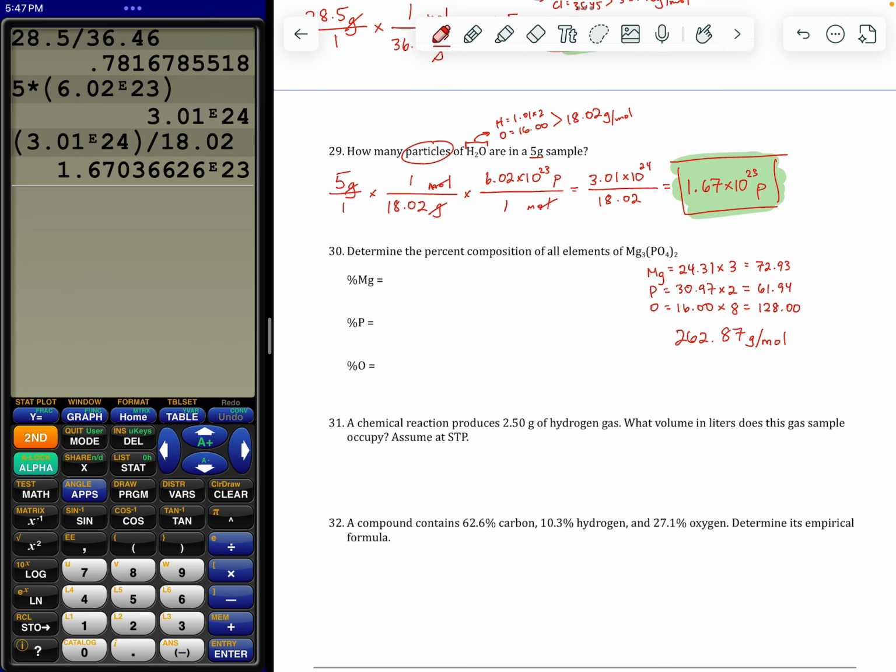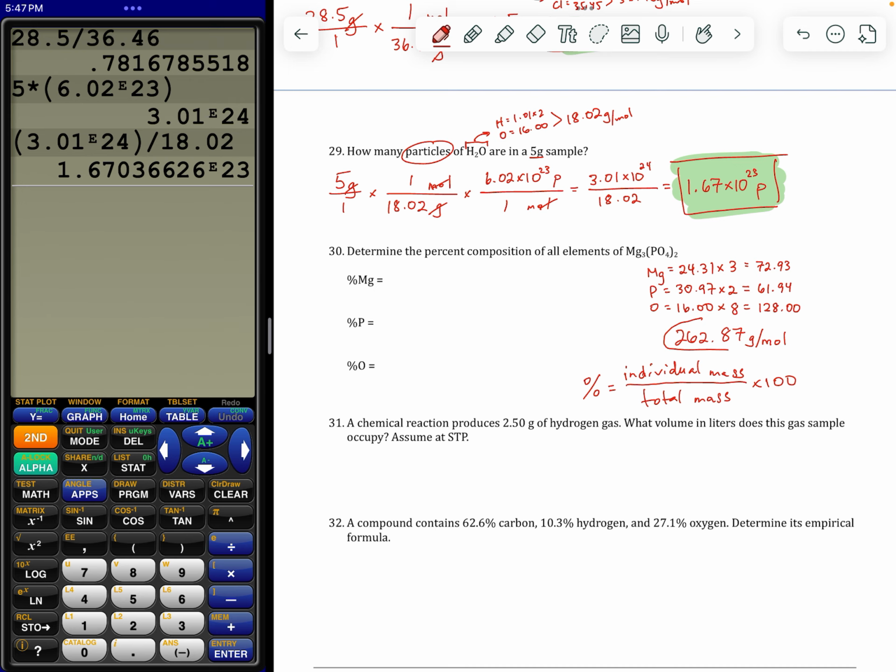And so when we're talking about percent composition, any percent is based off of part out of whole, right? And so in this case, when we say part, it's the individual mass of the elements over the total mass of the compound times 100 to create a percentage there.